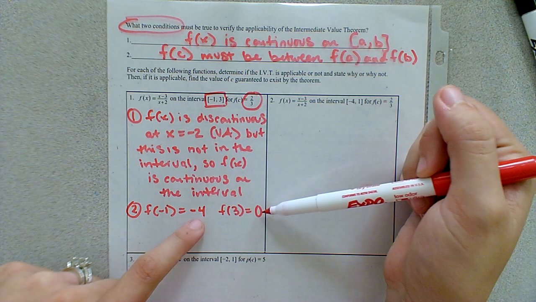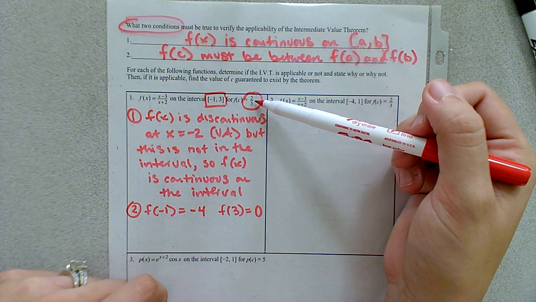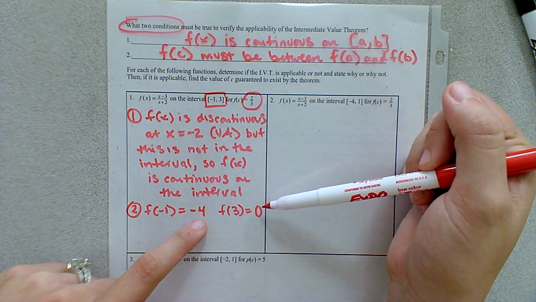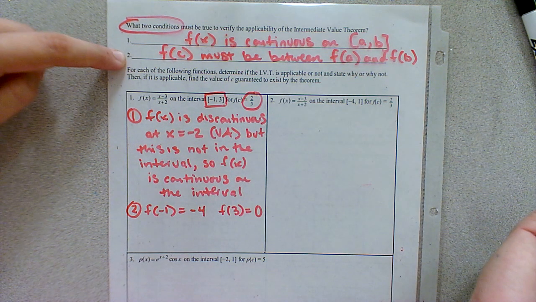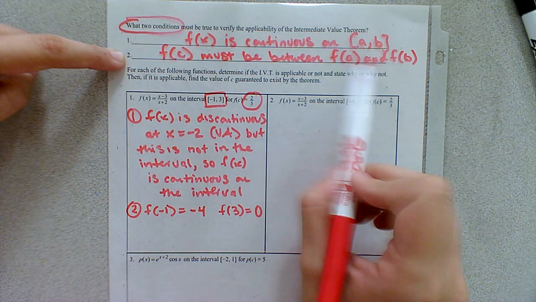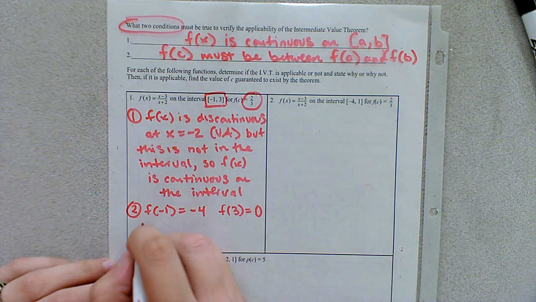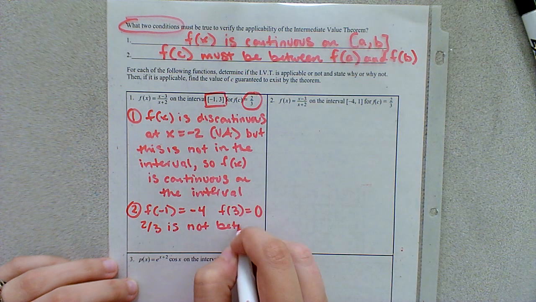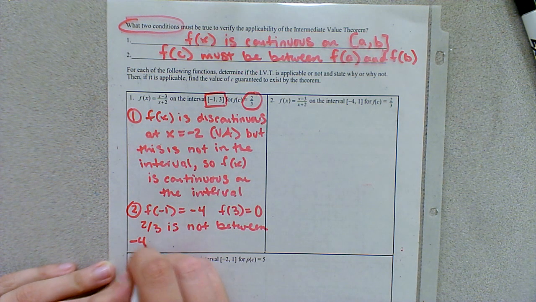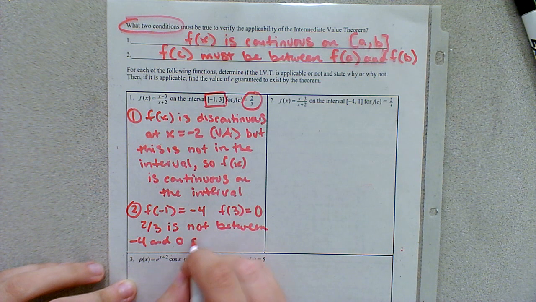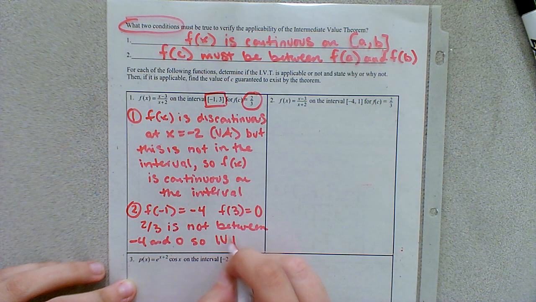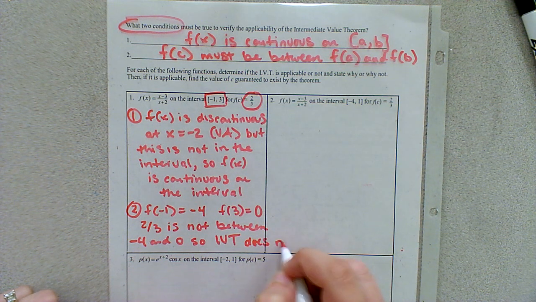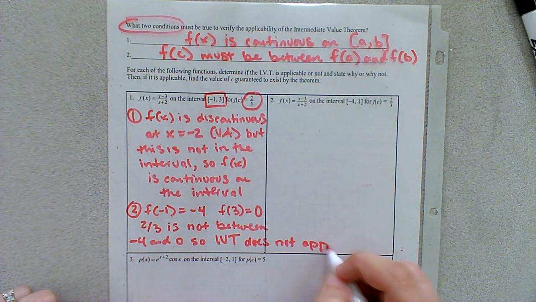Clearly 2/3 is not between our outputs, so our second condition is failing. So we'll say 2/3 is not between -4 and 0, so the intermediate value theorem, or IVT for short, does not apply.